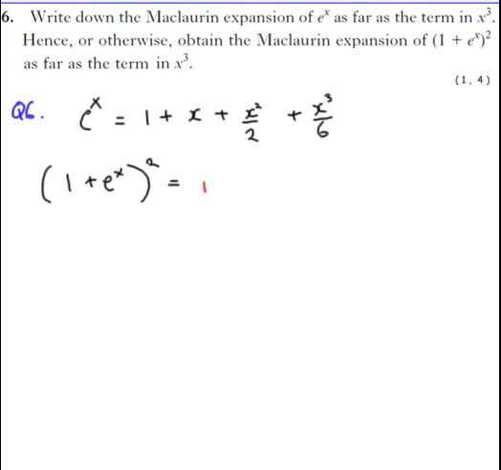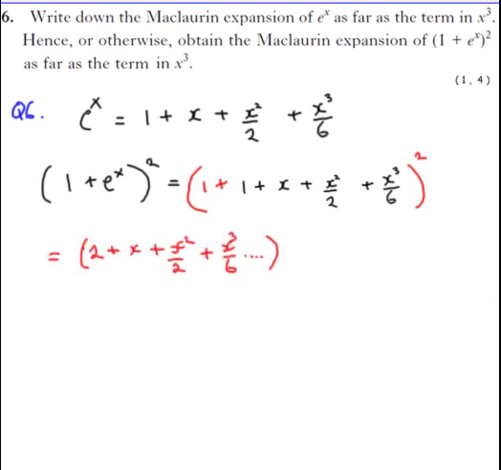So that's 1 plus 1 plus x plus x squared over 2 plus x cubed over 6. I want to square this. The 1 plus the 1 at the start gives us 2. So this is 2 plus x plus x squared over 2 plus x cubed over 6. And we want to multiply this by itself because it's squared.